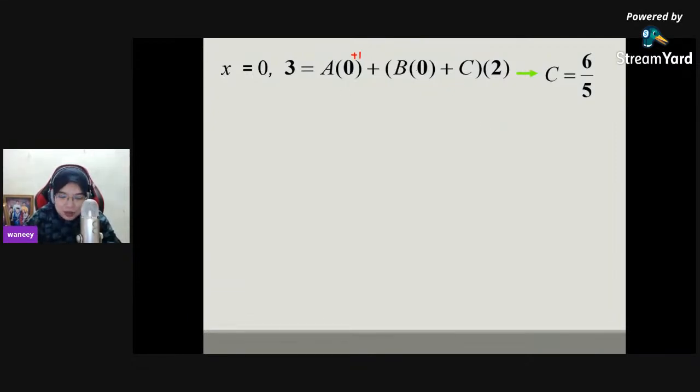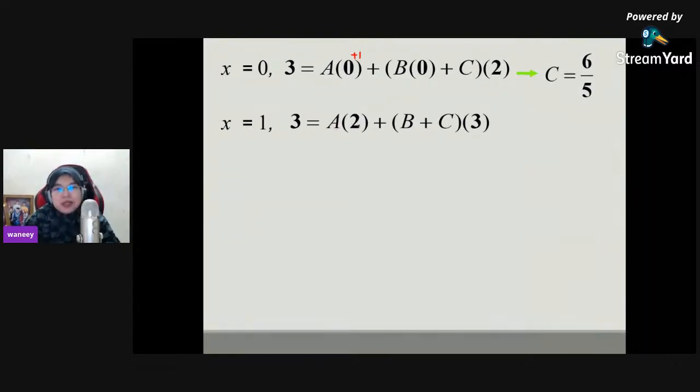Yang ni nanti tuan tambah. Okay, and then I substitute with another value, x equal to 1. Okay, so what do we have is 3 equal to a, 2 plus with b plus c times with 3. Therefore, it will give us the value for b, which is negative 3 over 5. So, most likely kalau salah tu saya rasa masih dekat sini lah. Dia ada problem sikit.